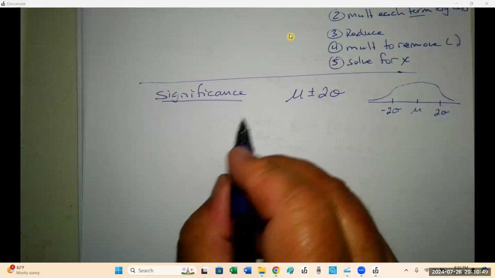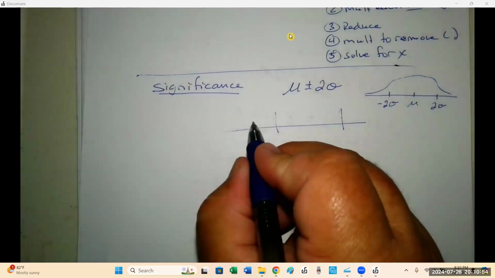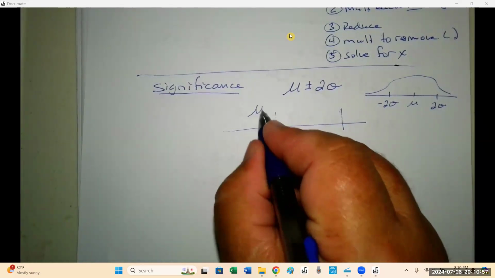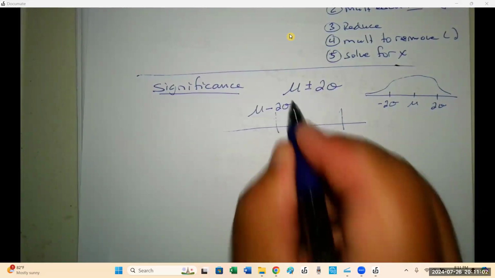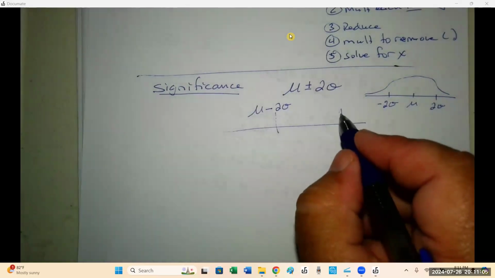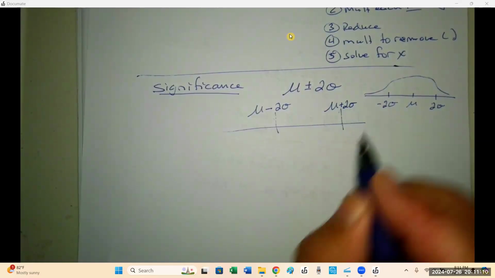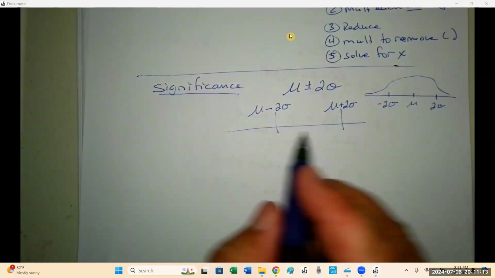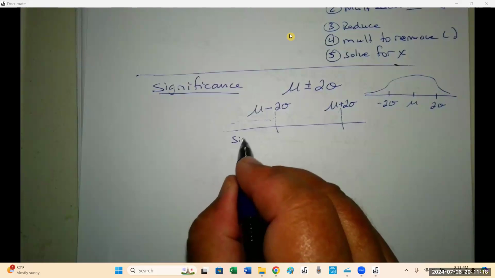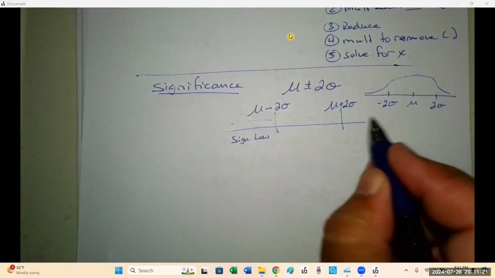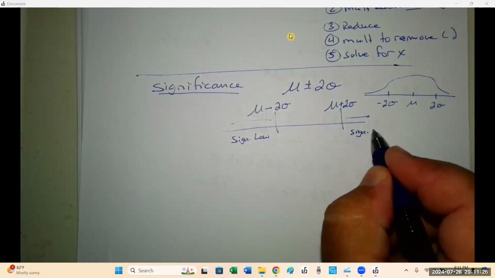Remember, this number here is our critical value. It's mean minus 2 standard deviations. And this is our critical value on the other side, mu plus 2 rho. So anything to the left of this is significantly low. Anything to the right of this number here is significantly high.